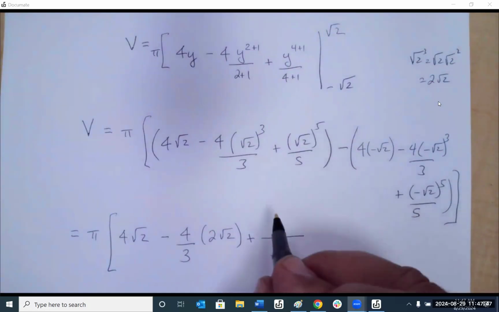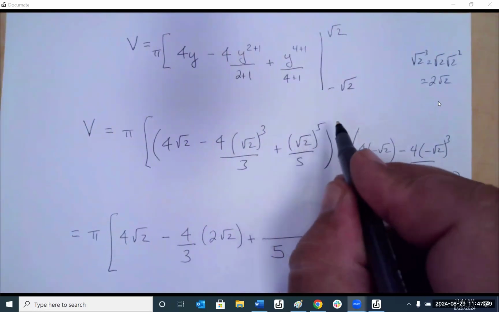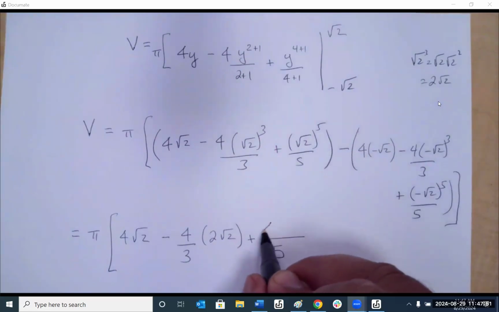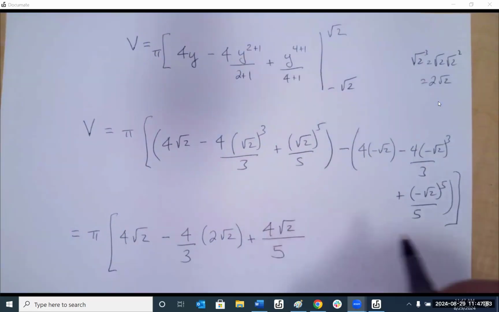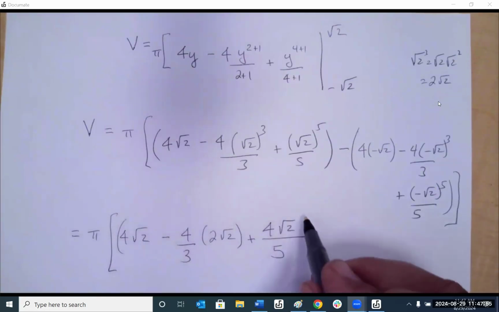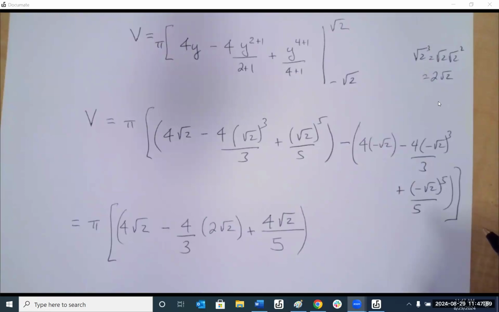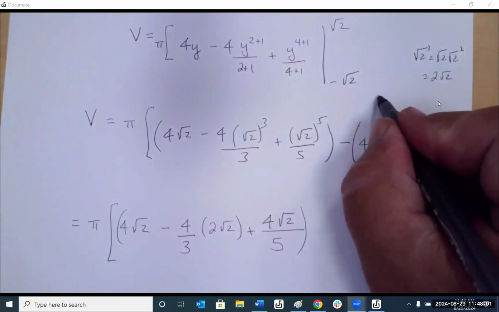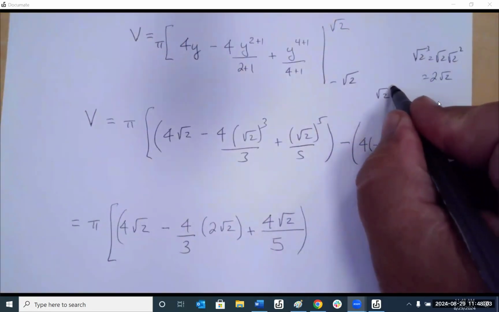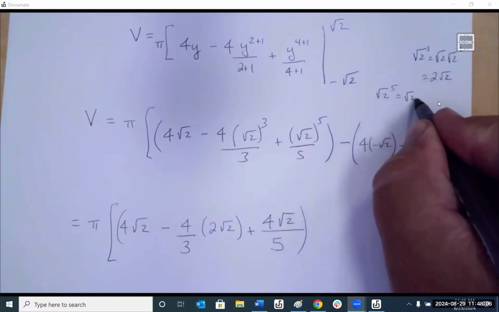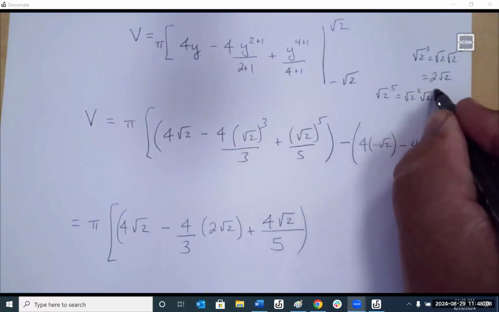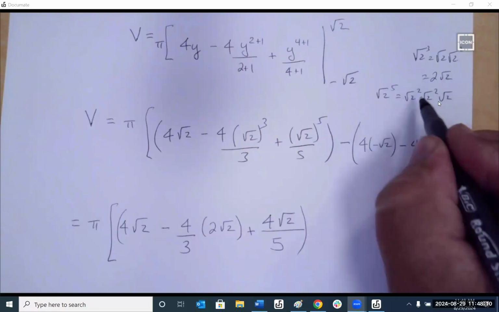Radical 2 to the 5th is radical 2 squared, radical 2 squared, radical 2.